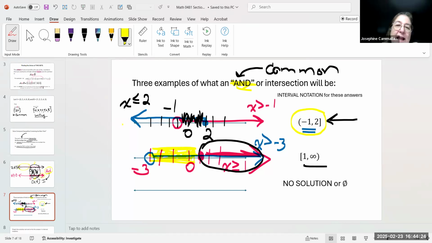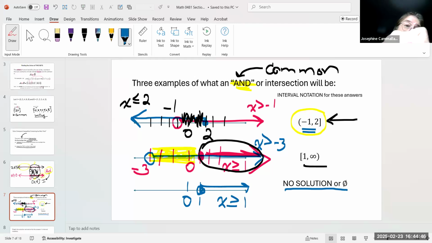Now, this is where you're going to have to be real careful with the "and." This is considered a no solution, and I'm going to show you the very reason why. I have a closed circle going this way. So this is x greater than or equal to 1. And then I have -1 with a closed circle going this way, which is x greater than or equal to -1.